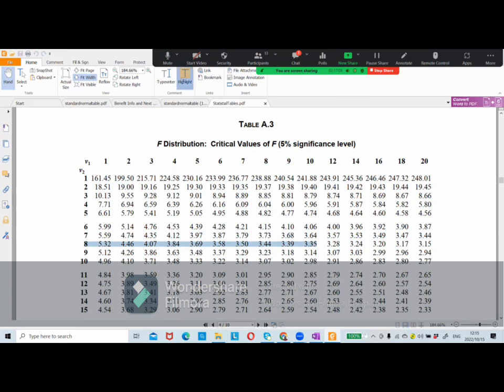So, can I highlight it? It won't allow you, sir. It's going to do row by row. Have you seen it? So 3.35 is your F tabulated.